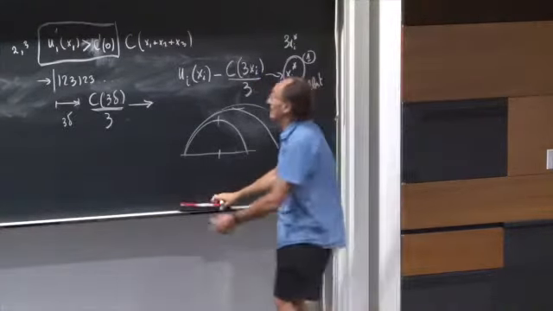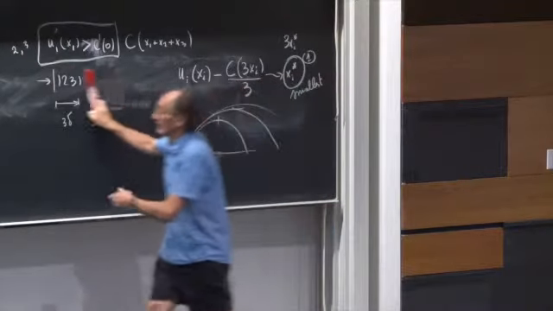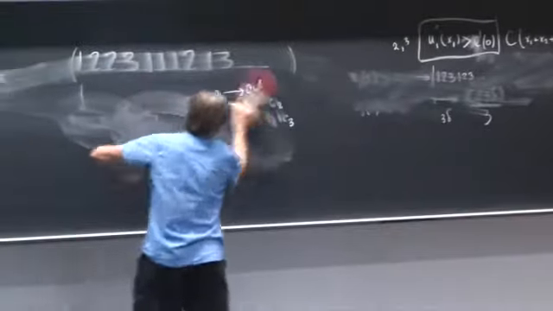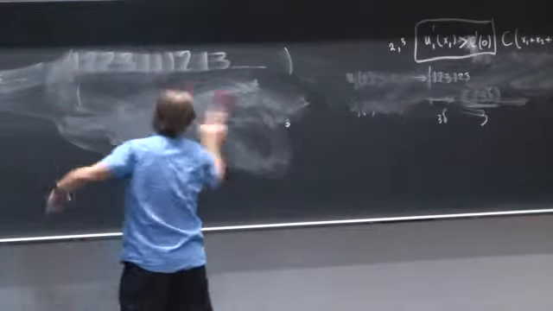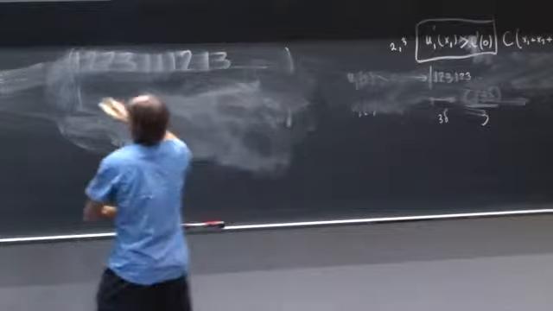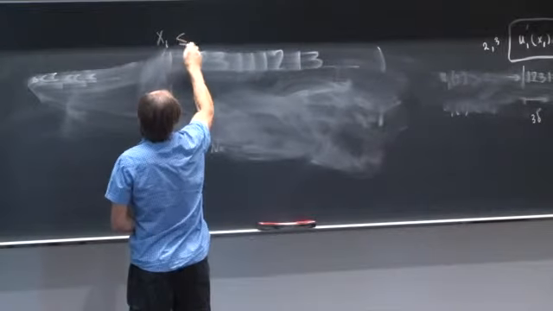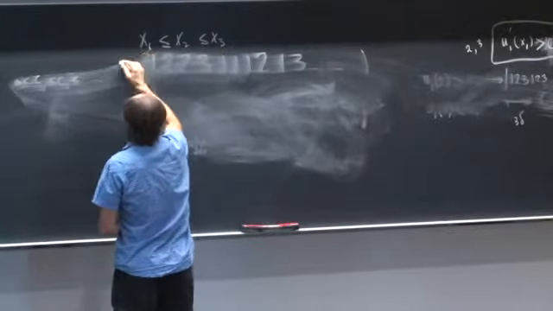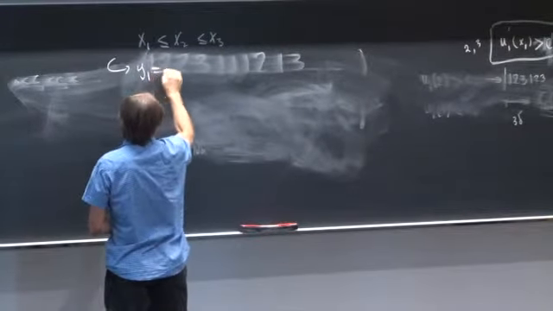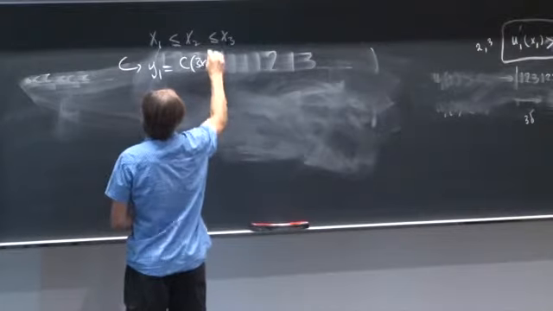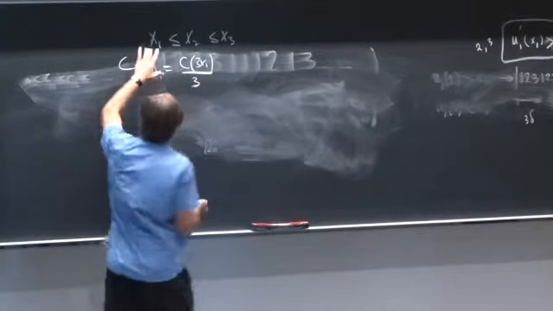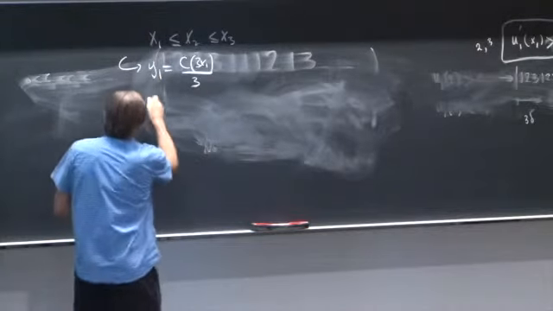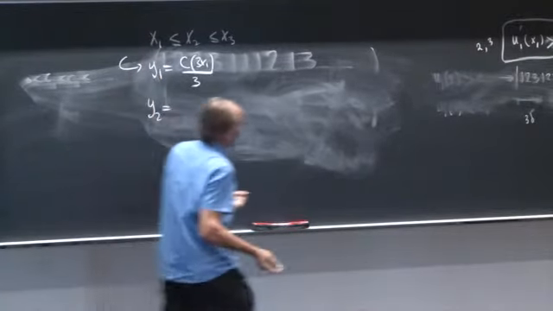So after this one, the next shares. Let's say that we're going to have the demands x1, x2, x3. The first guy is actually paying C of 3x1 over 3. That's the guy who decided to drop first, the one with the smallest demand. Now the second guy is paying what?